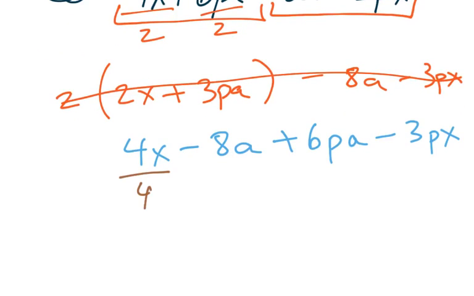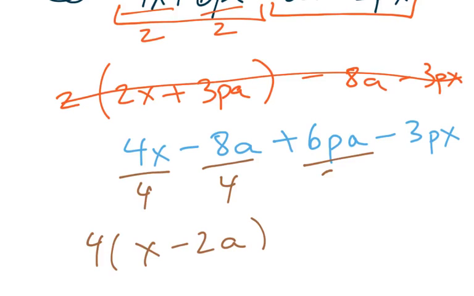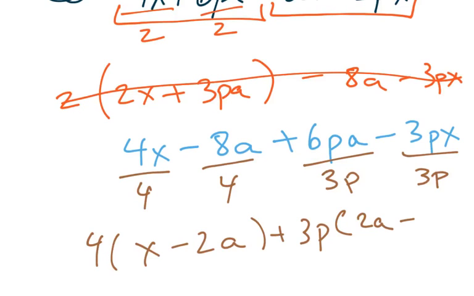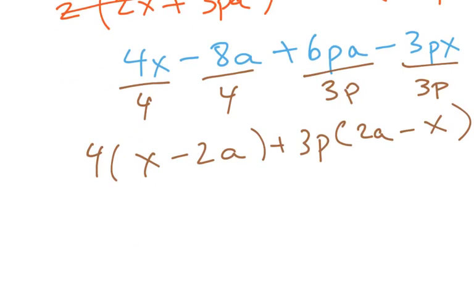So here we can factor out a 4. Here we can factor out a 3P. And we get something that almost matches up, right? It almost matches up.